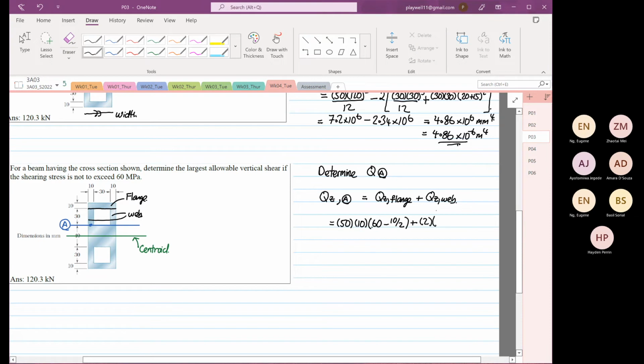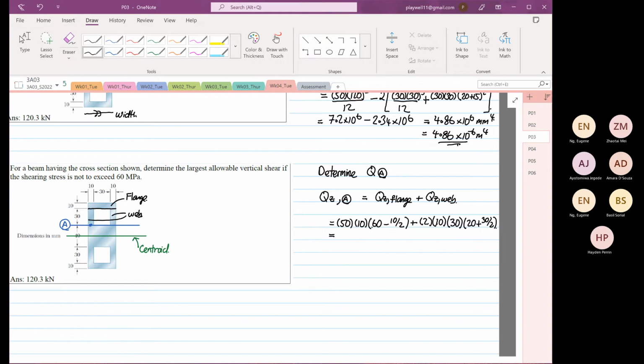The width is 10, the depth is 30, and the y bar is 20 plus 30 divided by 2.